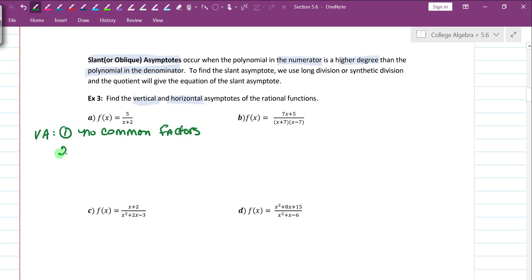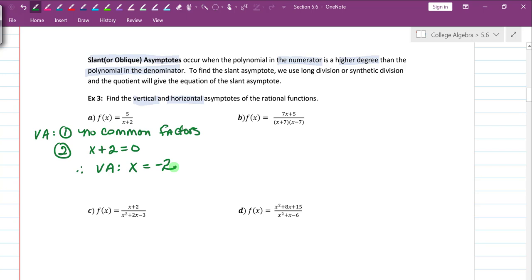Step 2, set our denominator equal to 0 and solve for x. So we're going to have x plus 2 equals 0. Therefore, our vertical asymptote is x equals -2.